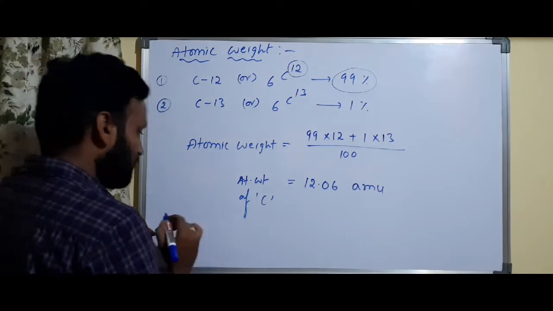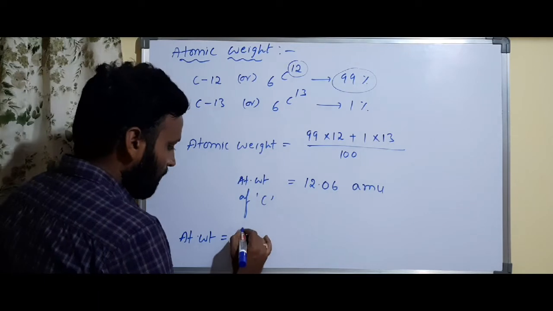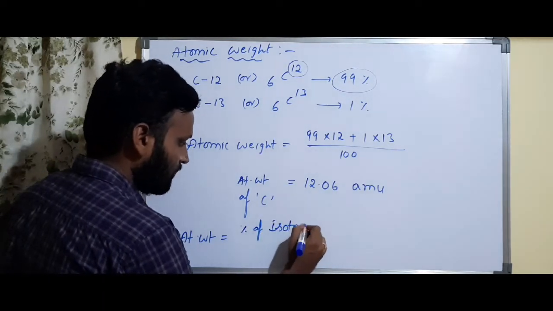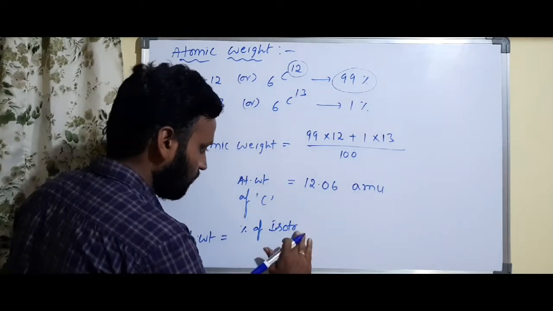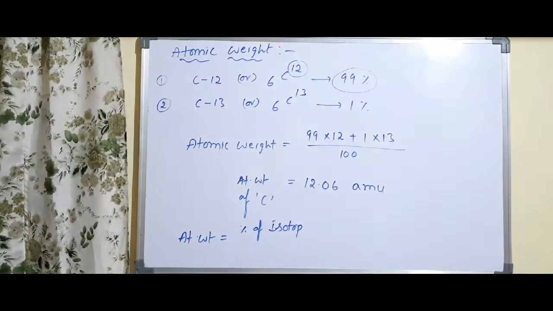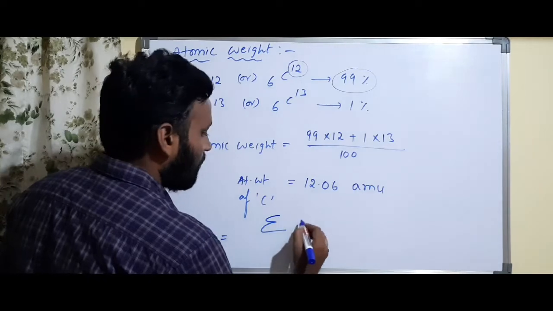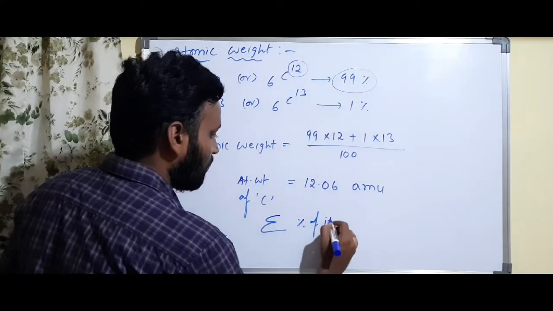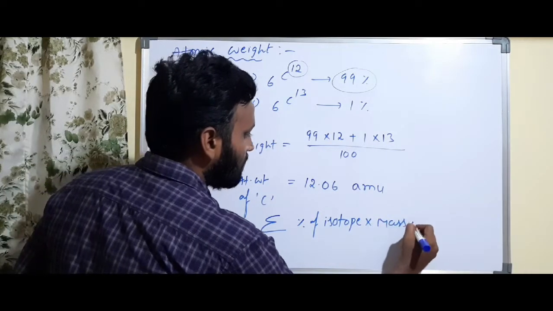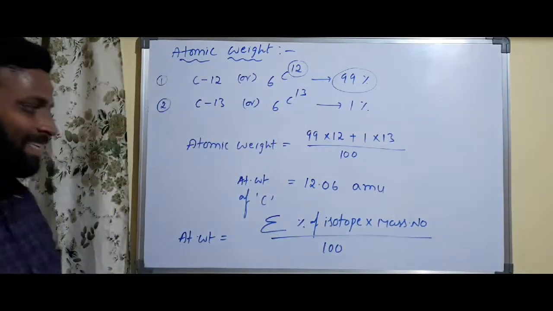So atomic weight is equal to the summation of percentage of isotope into its particular mass number, divided by 100, if the data is given as percentages.